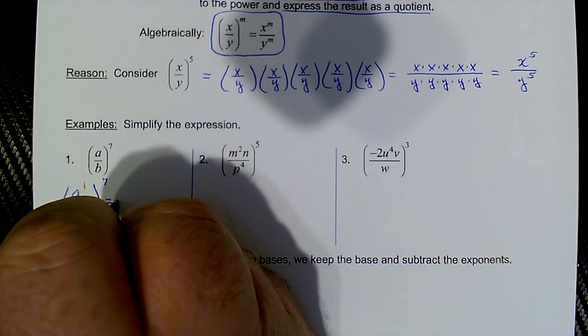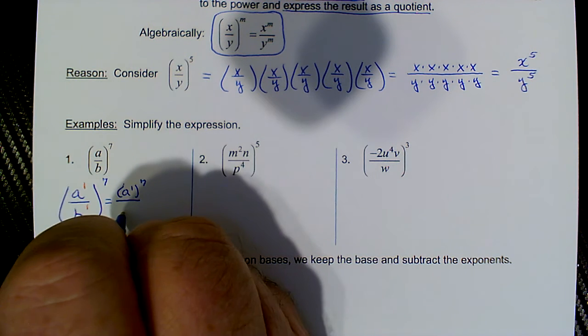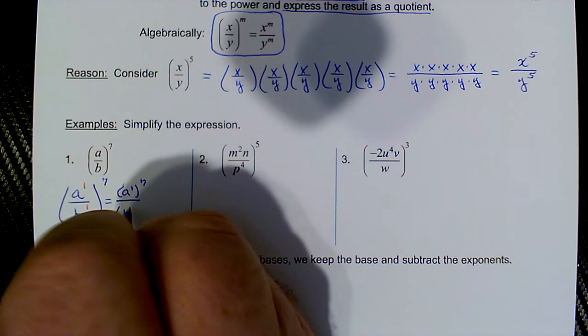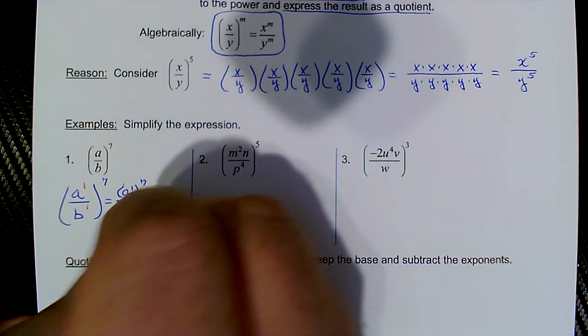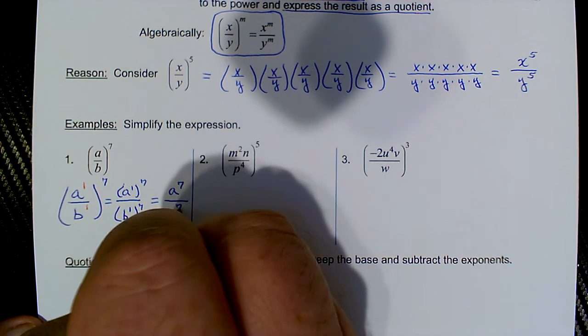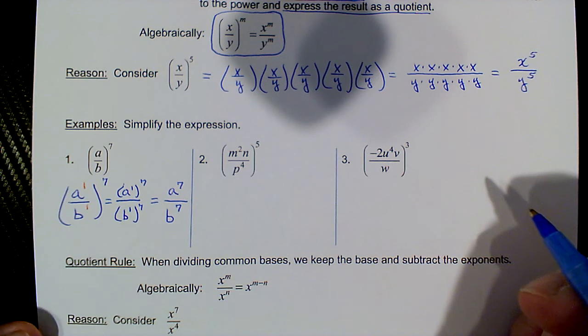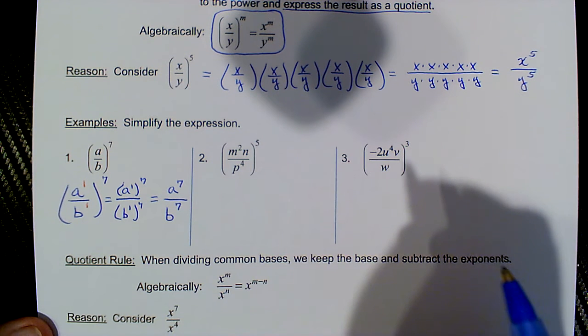And so that would be, as a quotient, a to the first raised to the 7th over b to the first raised to the 7th, and then using our power of a power rule, we multiply the exponents, so a to the 7th over b to the 7th. So if you could do this without the intermediate steps, that's great.